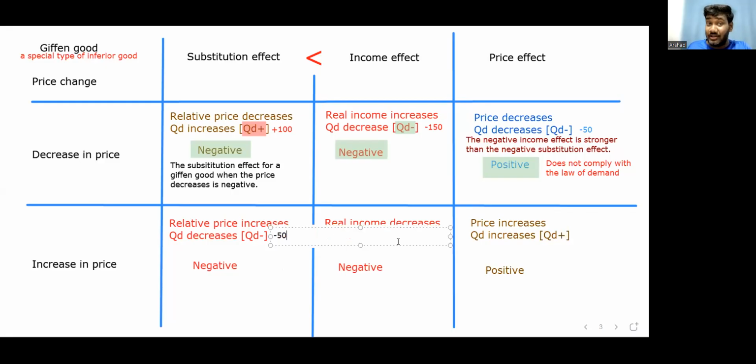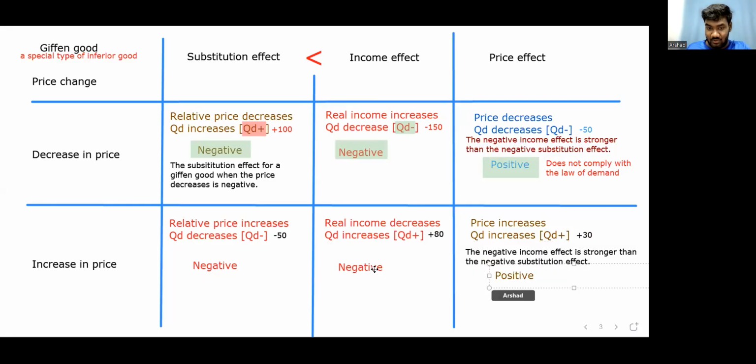According to the income effect QD will rise, let's say by 80. Therefore, overall QD will increase by a net 30: minus 50 plus 80 is plus 30. So again, the reason is the same. The negative income effect is much stronger than the negative substitution effect.